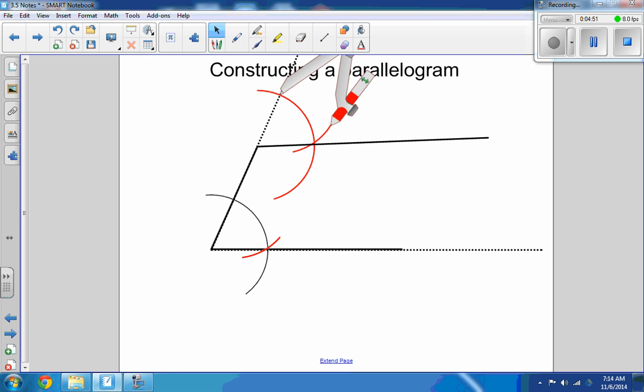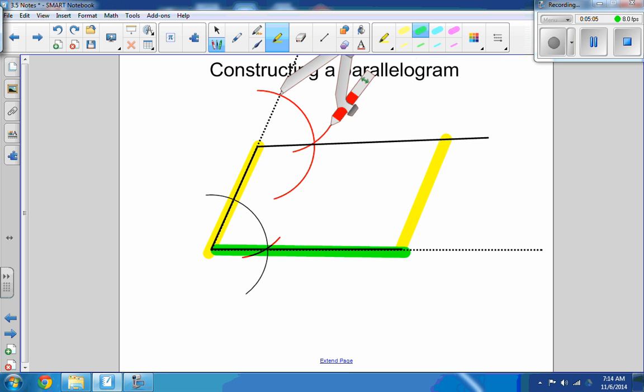Now to create the last line, there are a number of possibilities. One, I could create a line parallel to this line here. I also could take the length of this segment and make it the length of that segment. I'm actually going to go with that option.